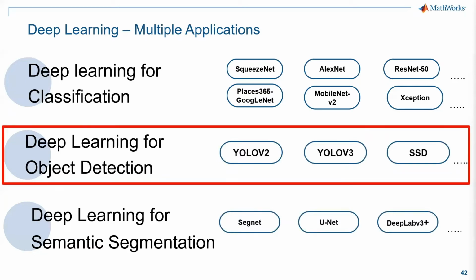On the object detection side, you can build models such as YOLO v2, v3, SSD, and many more. Similarly, while working with semantic segmentation models, you have access to frameworks like SegNet, U-Net, and DeepLab v3. Our focus today is object detection using deep learning, where we will use the YOLO v2 network architecture.